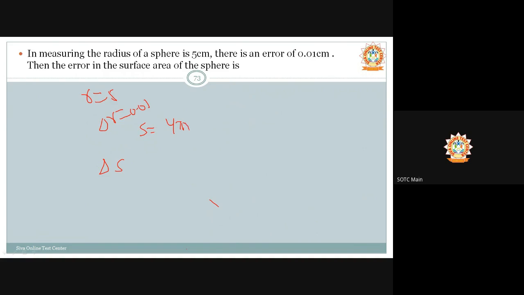Very good. So from this, what will del s become? 4 pi into, r square is 2r into del r. Try to calculate this and tell me what you get. 0.4 pi is the correct answer. 0.4 pi is your error in the surface area. Let us move to the next question.